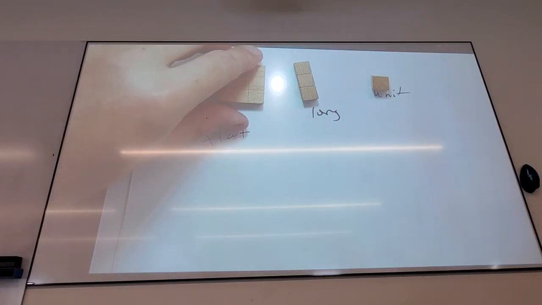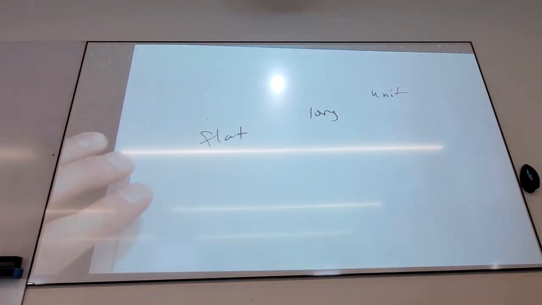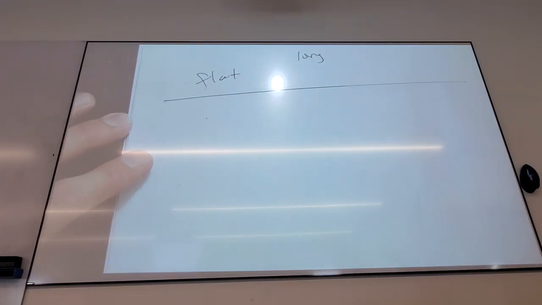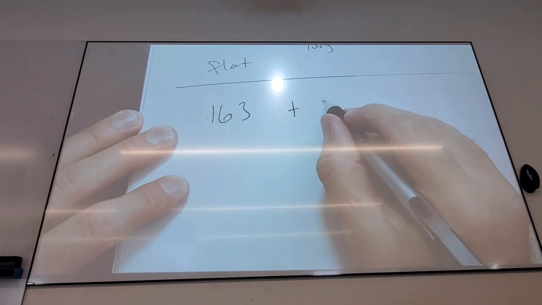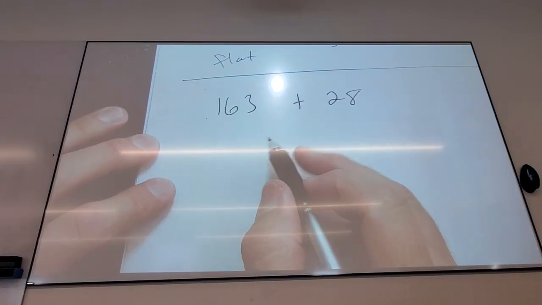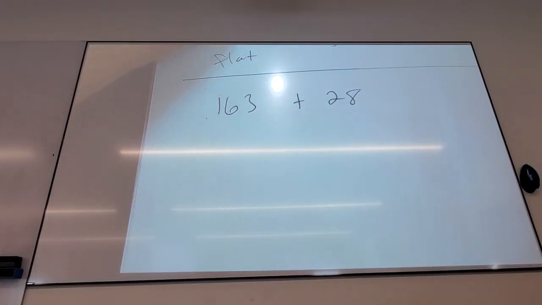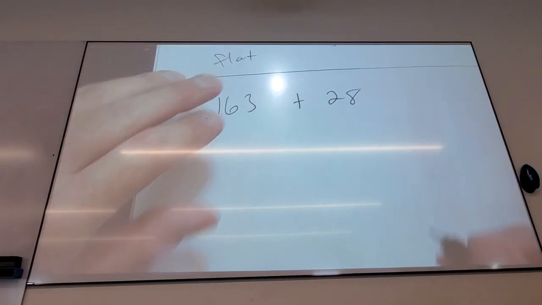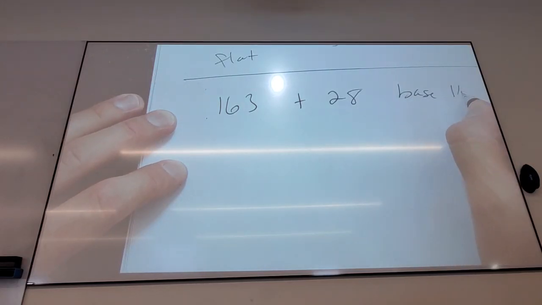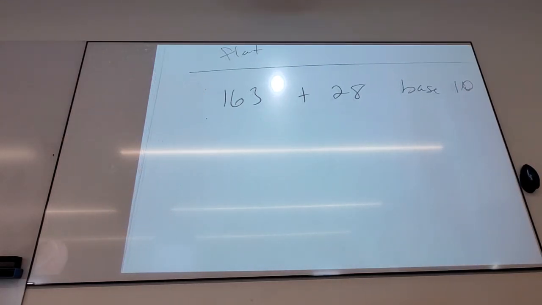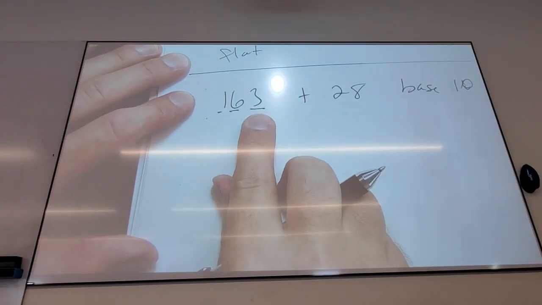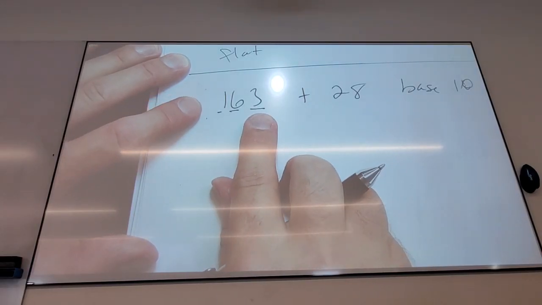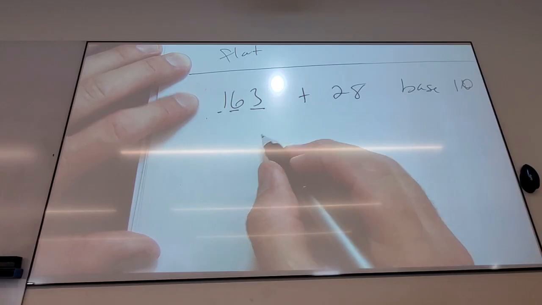It's freaky. Okay, so what I want to do first is represent, how would you represent 163 plus 28 if you had to draw these shapes? But let's do base 10, right? So what would this be if I had to draw it? 3 whats? Units. So this would be 3 units. Yeah, let's just do dots.